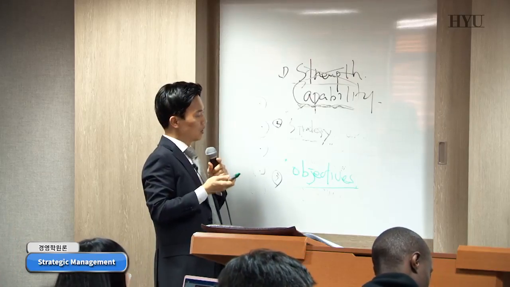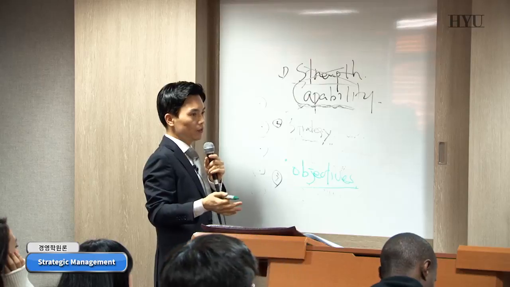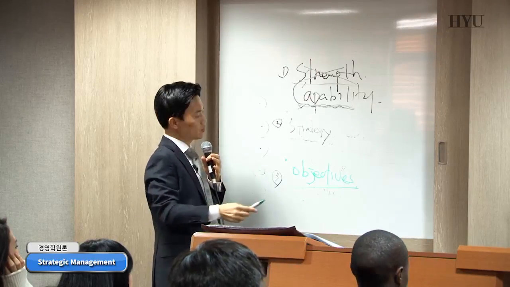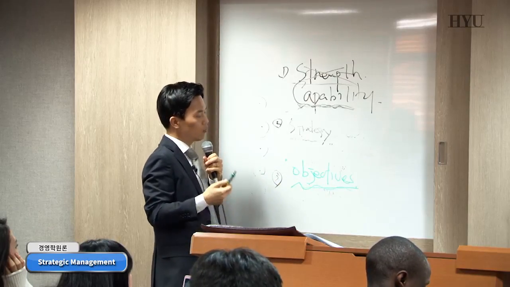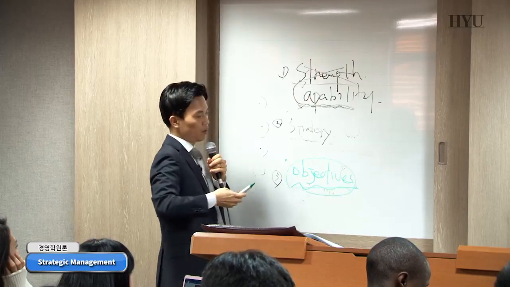Right? The objective of all firms is exactly the same, right? More market share, more profit. So obviously, ultimately, the objectives are the same. However, the way to achieve those objectives is quite different.